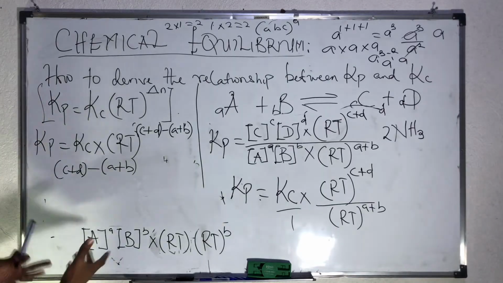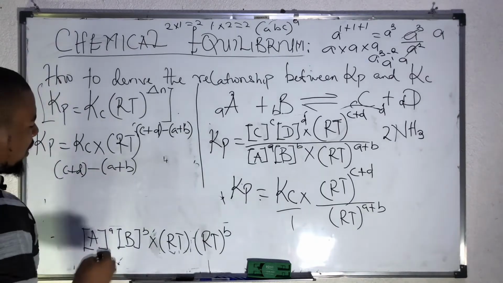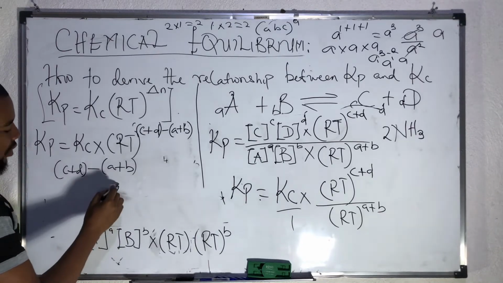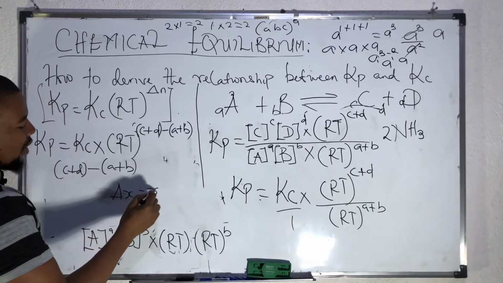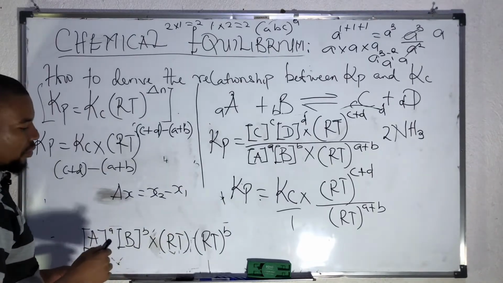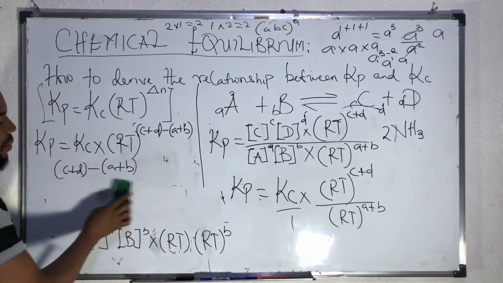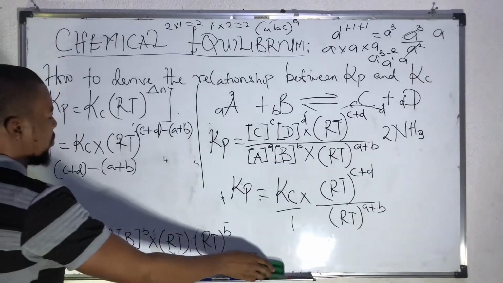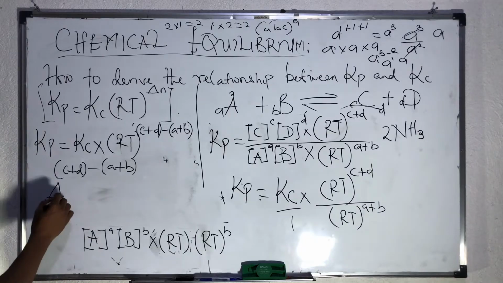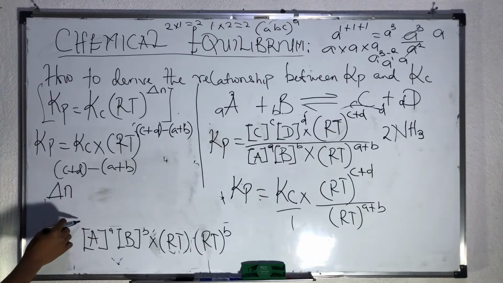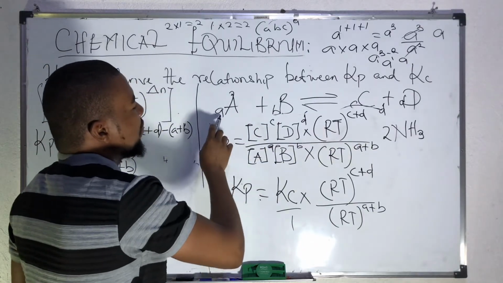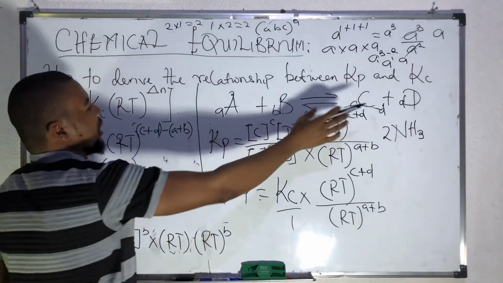For example, in physics, when you want to calculate displacement, displacement is given by change in x, which is x2 minus x1, which is final minus initial. We're also going to employ the same method here. So we shall say this is now change in moles, because these small letters refer to the moles of the reactants and products.